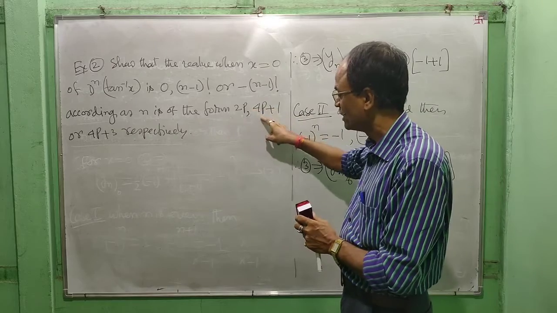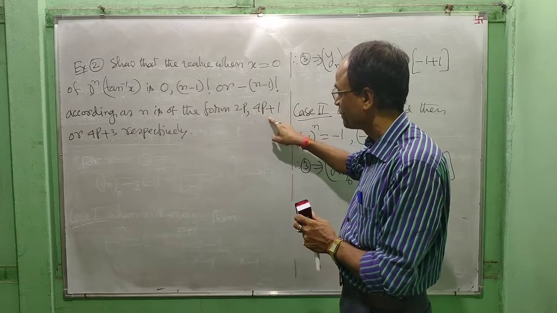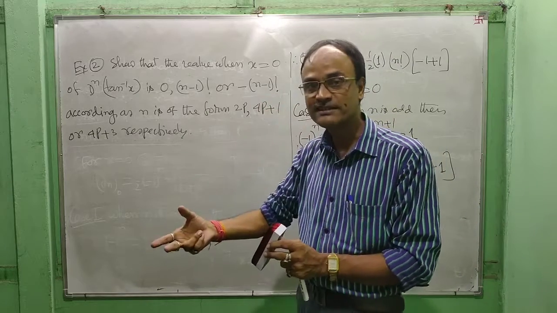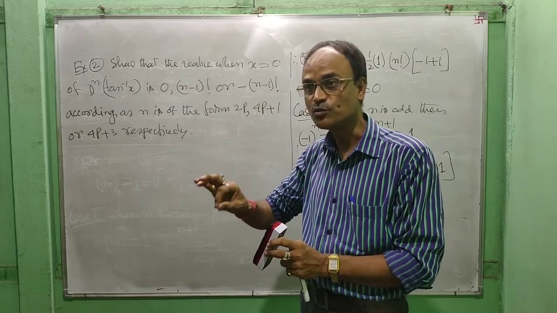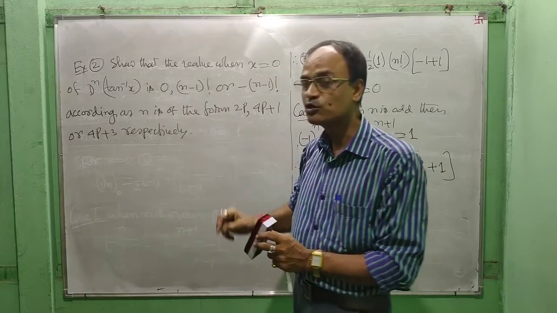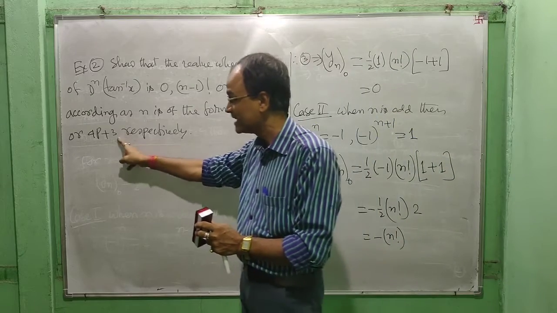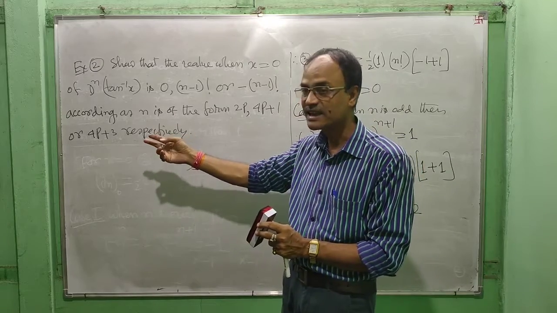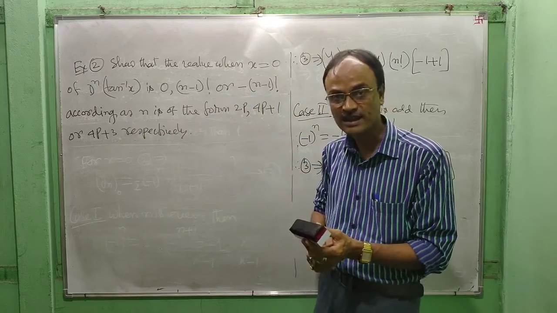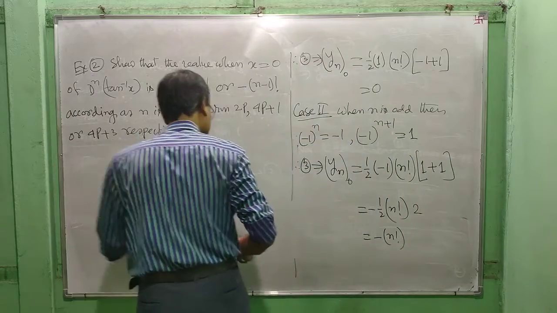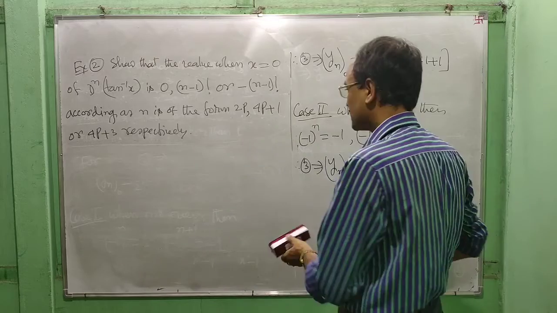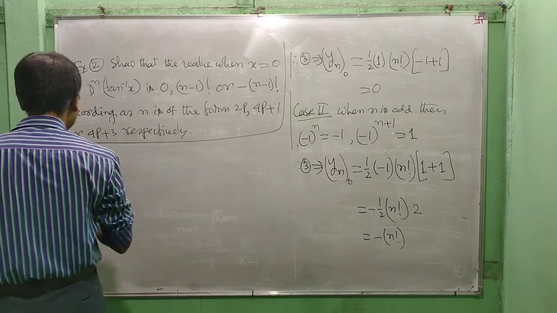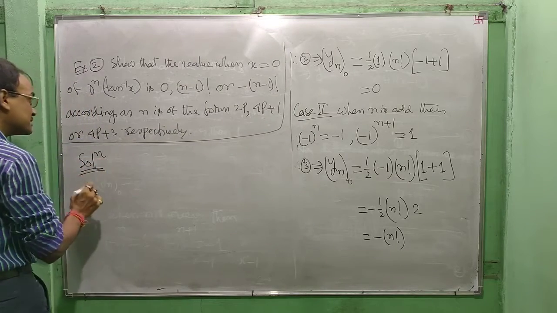Next, when n is of the form 4p plus 1, then we have to show that the nth differentiation at x equal to 0 is factorial n minus 1. And when n is of the form 4p plus 3, then the nth differentiation will be minus factorial n minus 1.